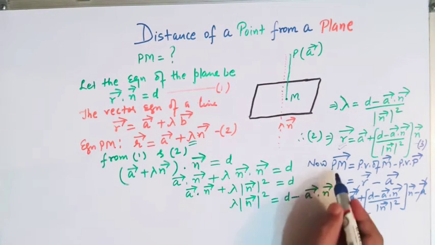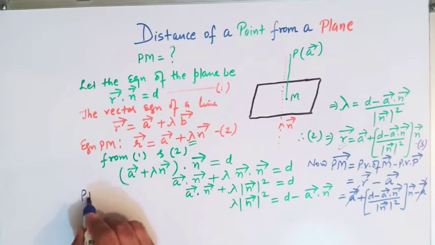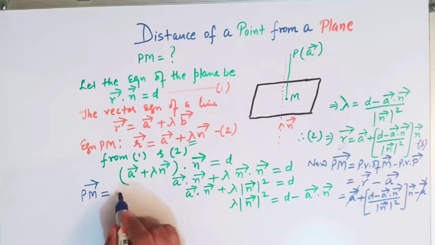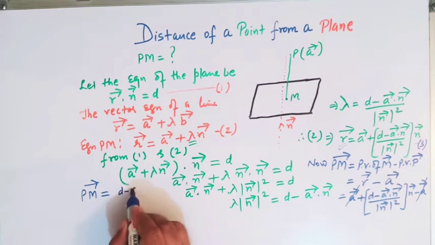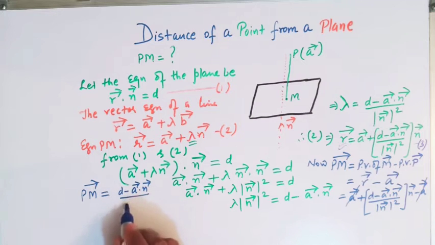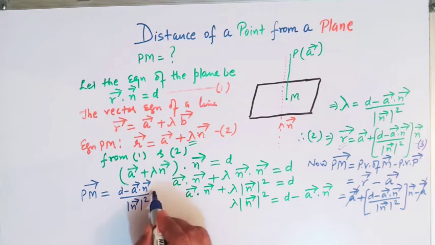So we are left with vector PM equal to d minus A dot n divided by the square of the magnitude of vector n, times vector n.